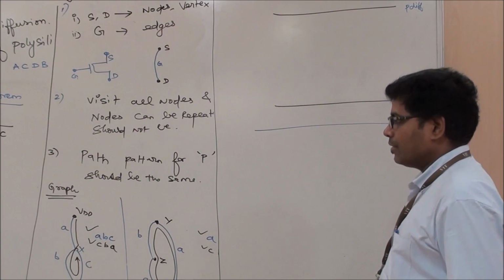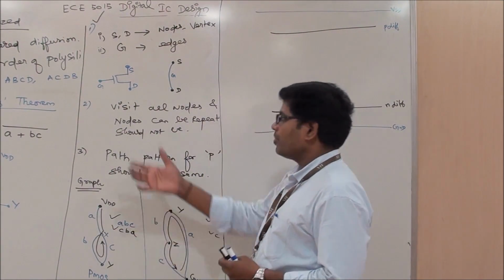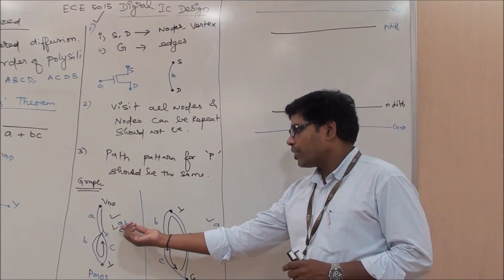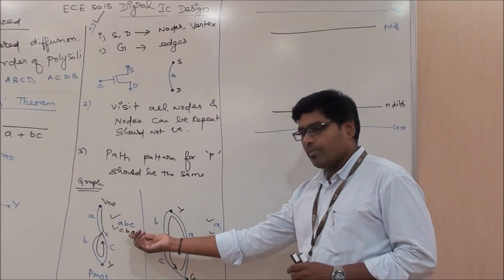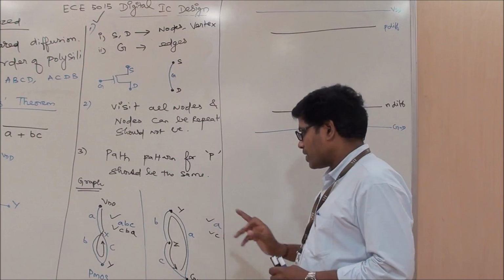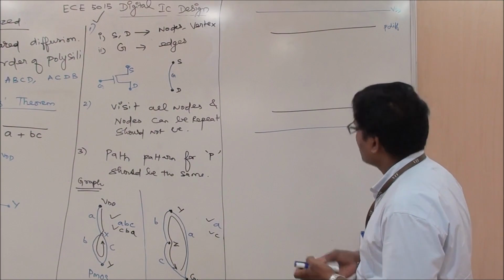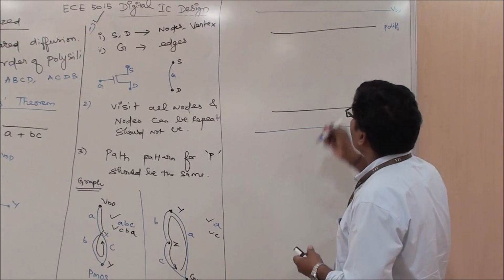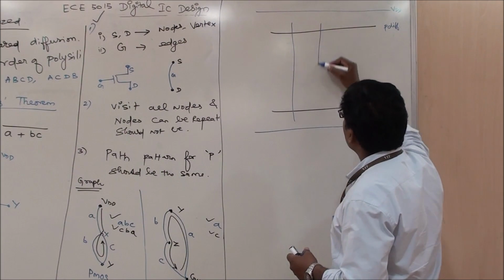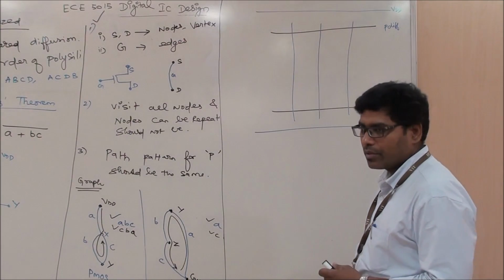The next thing is drawing of polylines. Now here comes the Euler theorem. This Euler theorem says you can follow this order ABC or CBA or any other order also. Now I am following the first order ABC, which satisfies both the NMOS and PMOS. So draw three polylines which are common for both the PMOS and NMOS network.